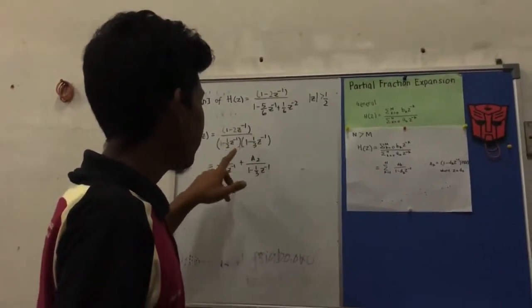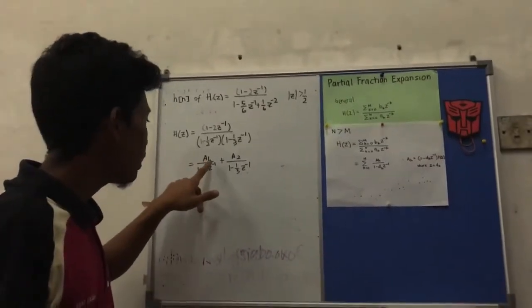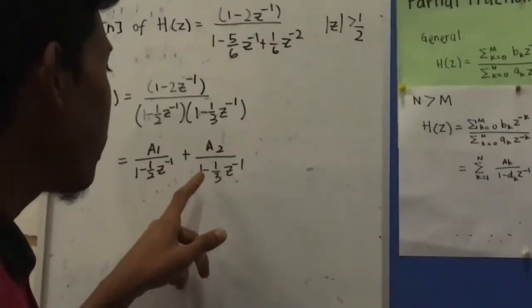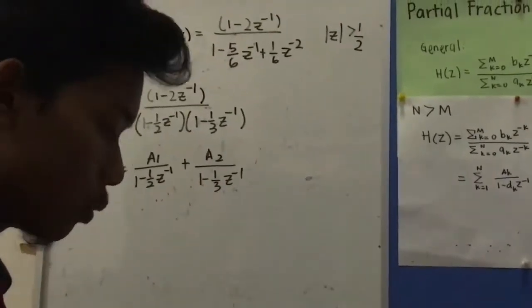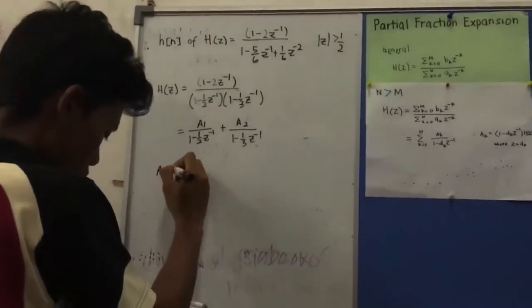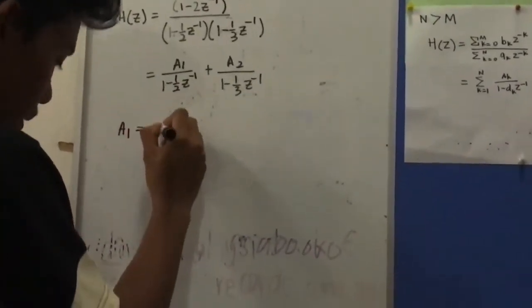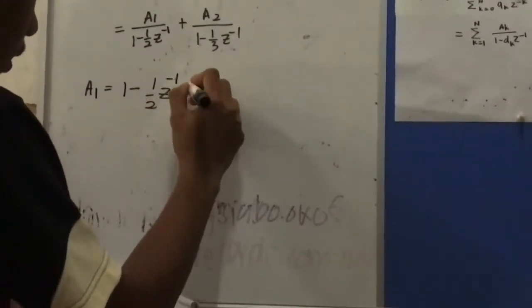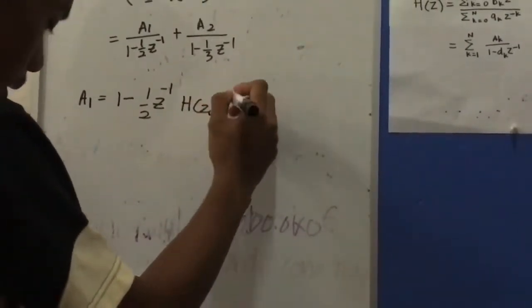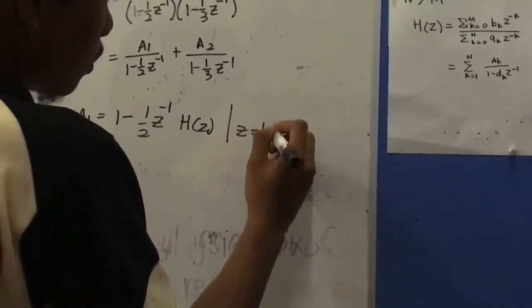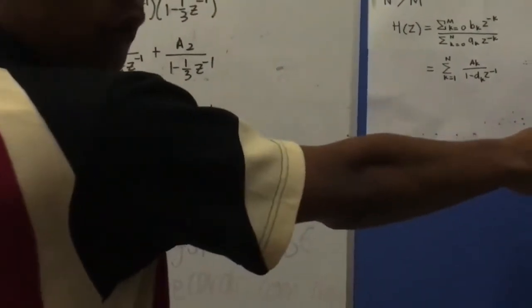Hence, we separate it like this: A1 over (1 minus 1/2 z^(-1)) plus A2 over (1 minus 1/3 z^(-1)). So after this, we are going to proceed like this. A1 equals (1 minus 1/2 z^(-1)) H(z), where z is 1/2. So this is following this formula.